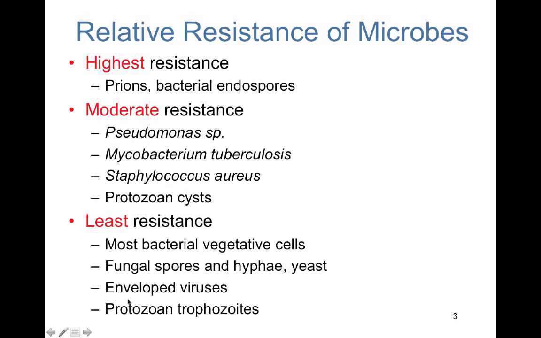Now we're going to talk about the general relative levels of microbial resistance. As far as the highest resistant microbes, this would be prions and also bacterial endospores.